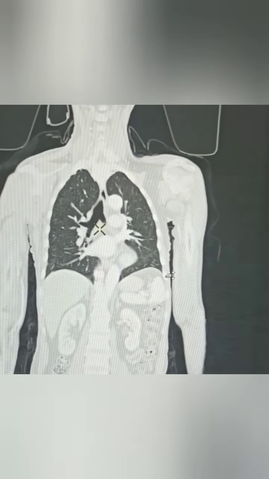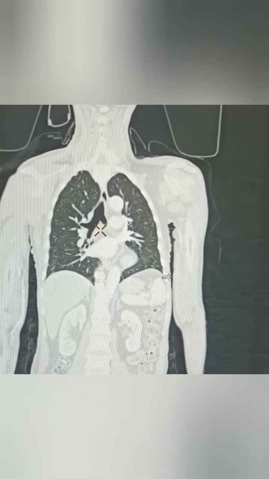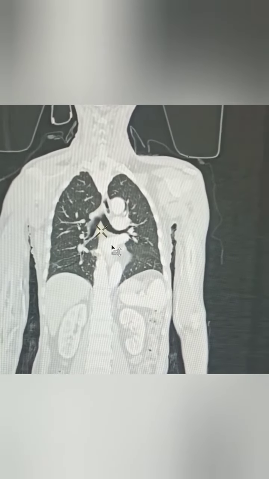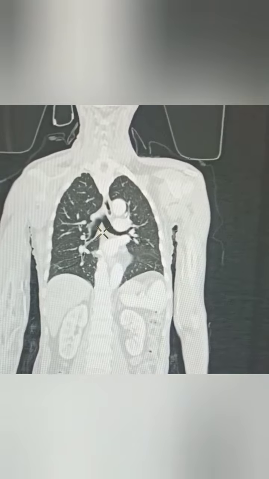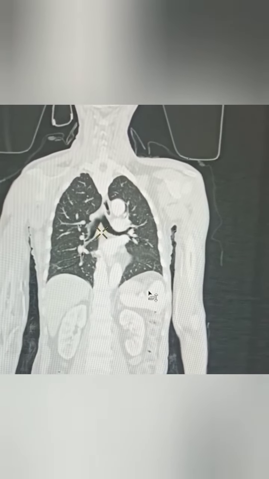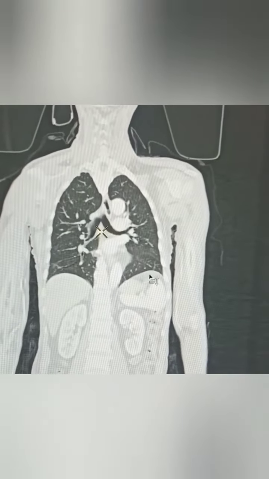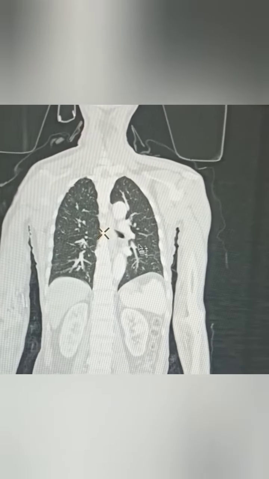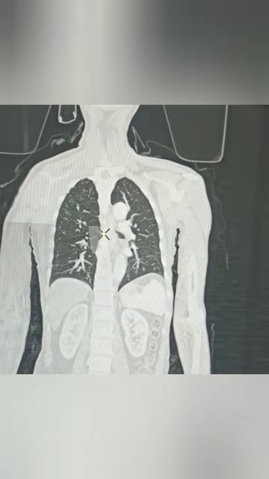You can appreciate it. The right main bronchus, the left main bronchus. This is the left upper lobe, the right upper lobe. You can better appreciate it.